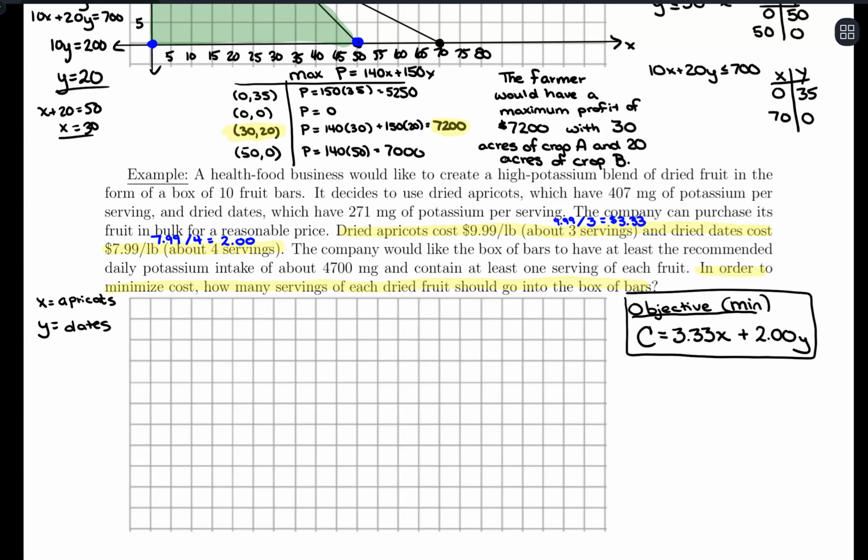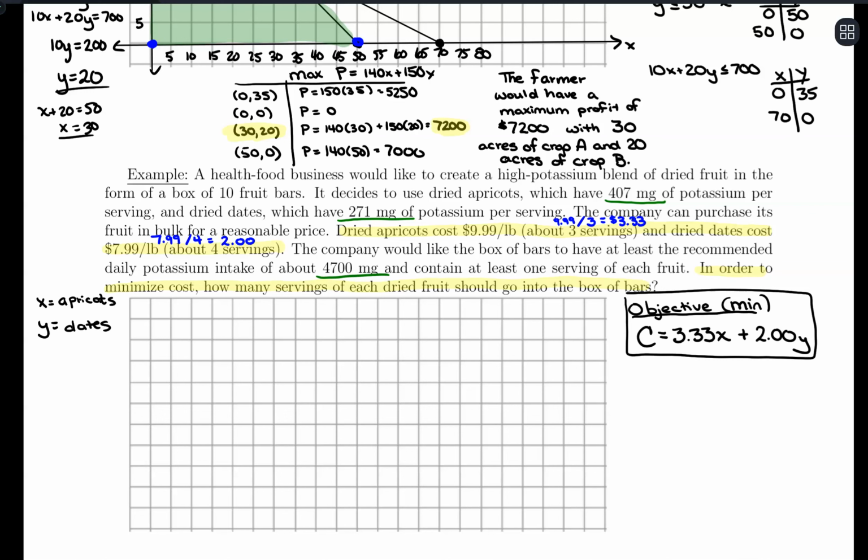Let's talk about the constraints. We are forming a box of 10 fruit bars. The company decides to use dried apricots, which have 407 milligrams of potassium per serving, and dried dates, which have 271 milligrams of potassium per serving. We have that information about costs that we're going to skip over. The company would like the box of bars to have at least the recommended daily potassium intake of about 4,700 milligrams.